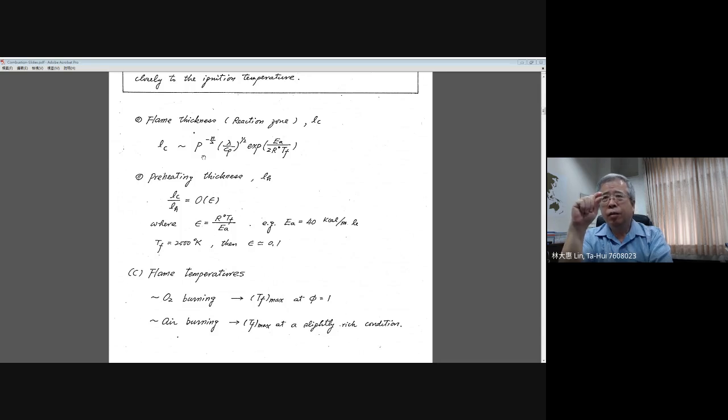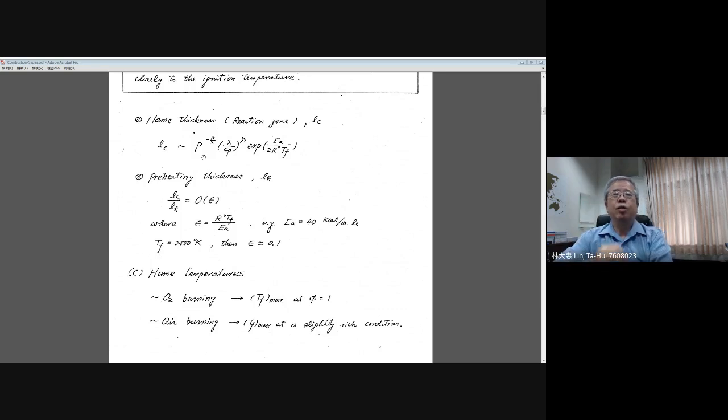Since the flame thickness is quite small, if you want to insert a thermocouple, you cannot have too many points for your measurement, right? Because the flame zone is quite thin, and the thermocouple is thin but not thin enough to measure at so many positions.